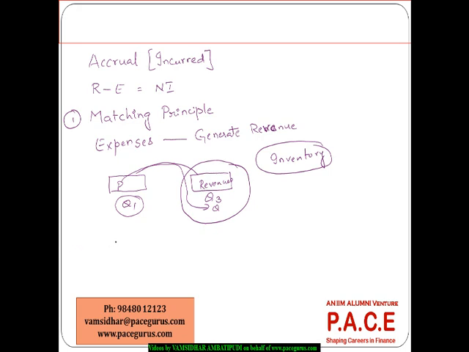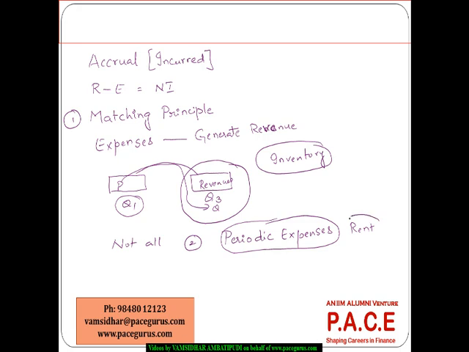So this is one major principle that drives the expense recognition. But sometimes not all expenses can be directly tied with the revenues. There could be some expenses which are more periodic, more routine in nature. Salaries of the employees may or may not be directly tied to the revenues. They are not directly used to generate the revenues. Even if the revenues are lesser, there could be an expense that could be incurred, which means those kinds of periodic expenses, even the rent, may not be directly tied up with the revenues.